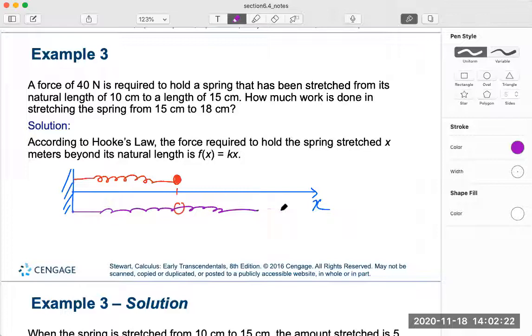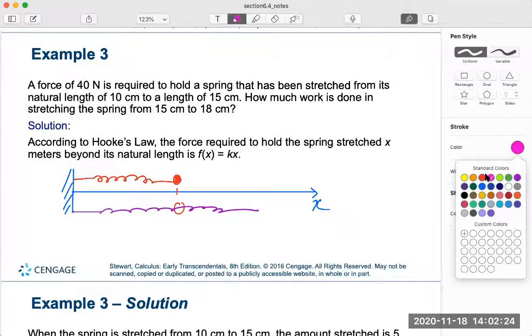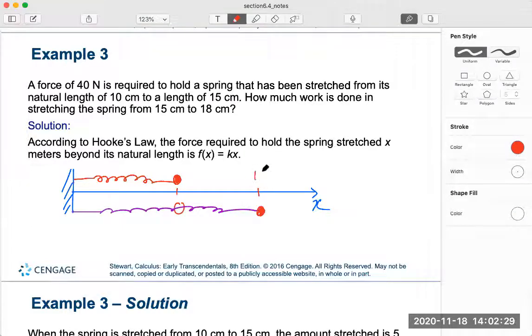It is stretched up to here, right? This is 15 centimeters. Okay. Then they ask us to compute the work done in order to make it stretch up to this position, to 18. Okay.